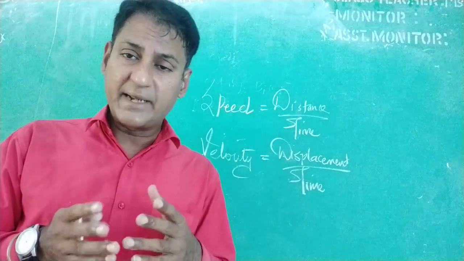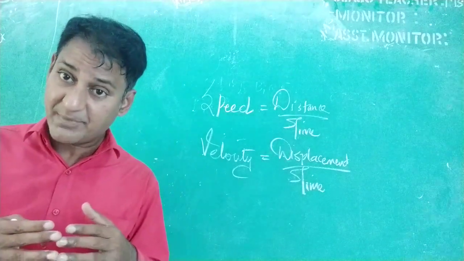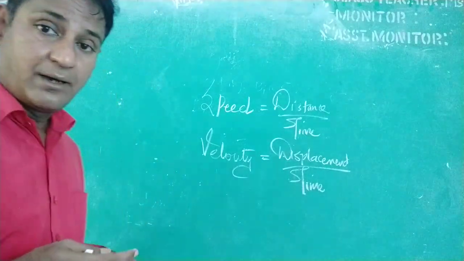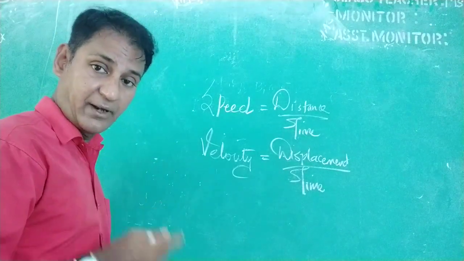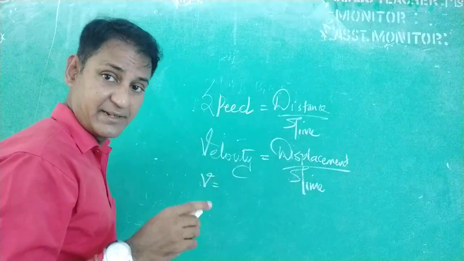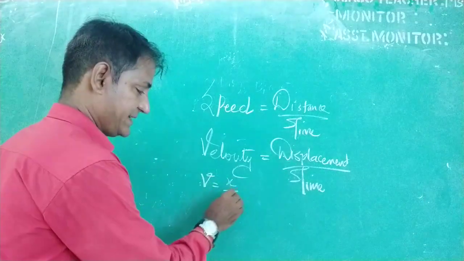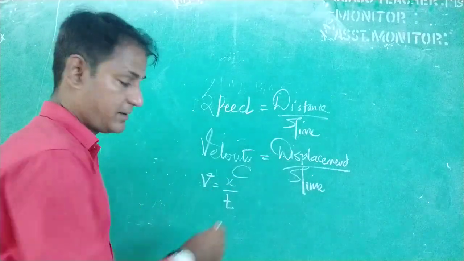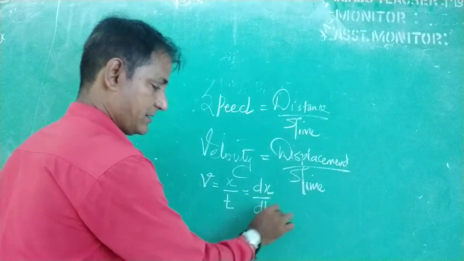And we must know what is the difference between the distance and displacement. Before that, let us write the formula for velocity. See, if displacement symbol is x or s or d, like that, so x by t, or I can also write this as dx by dt.